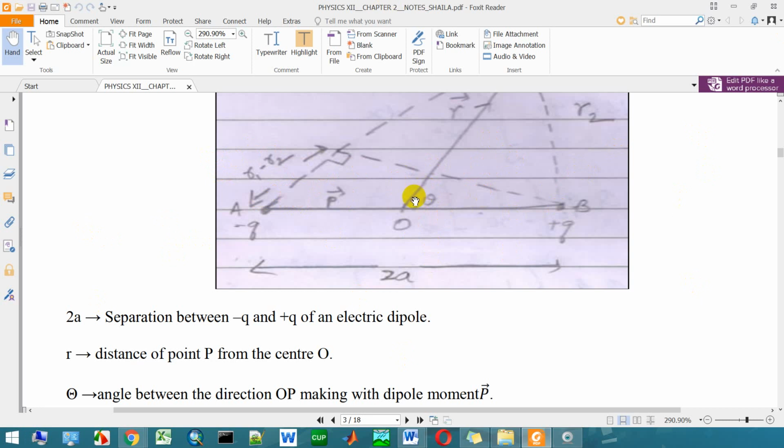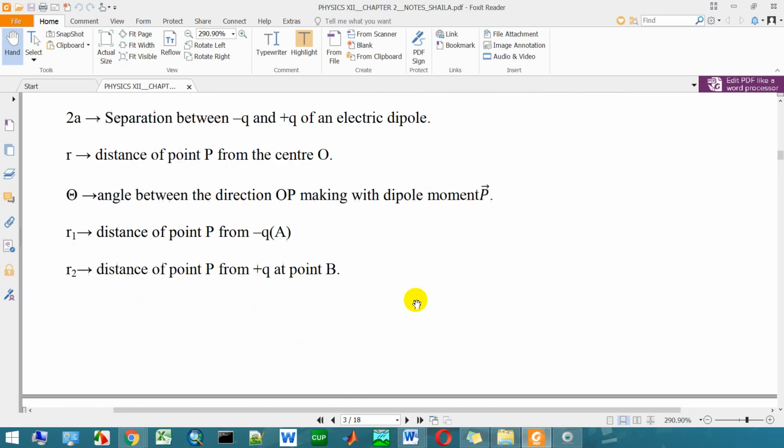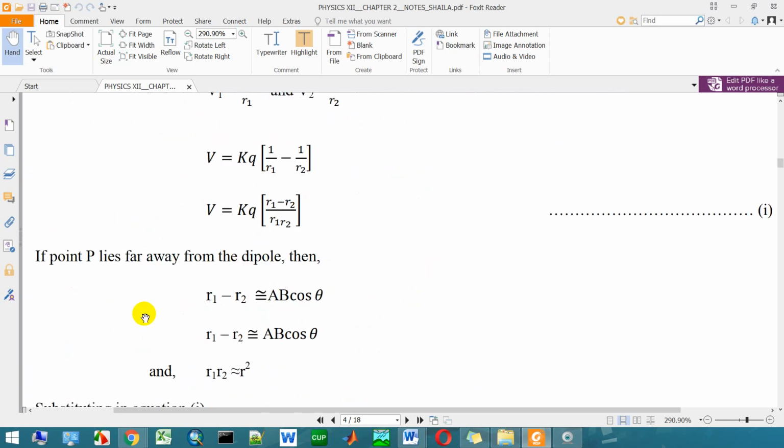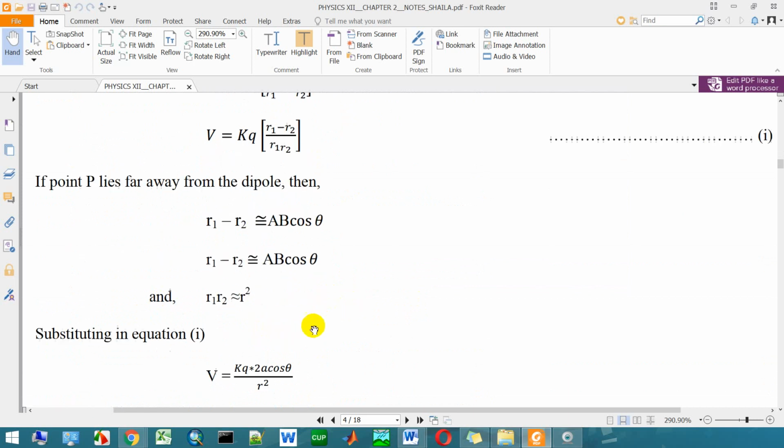I told you the assumption is there, which should be very clear to you. You have to think it through by yourself also. And AB is 2A, so cos theta equals R1 minus R2, the base, divided by the hypotenuse 2A. That is how we get R1 minus R2 as AB cos theta, and AB is 2A.